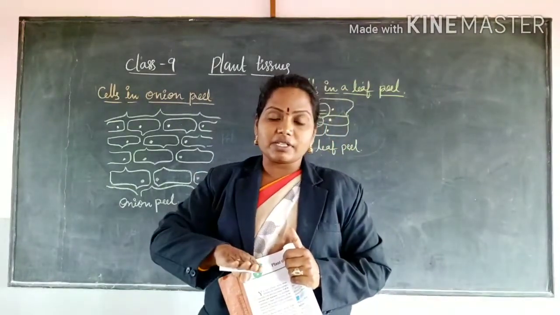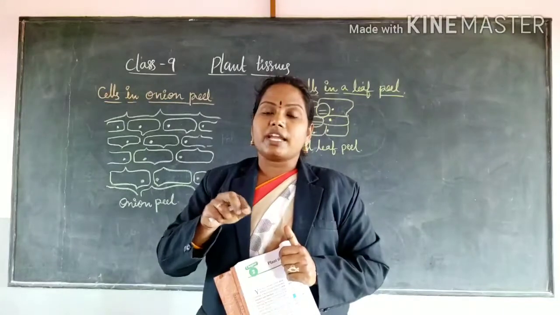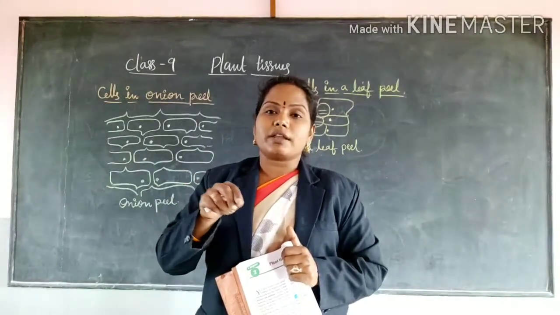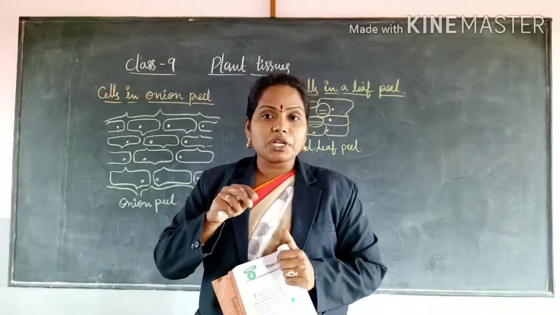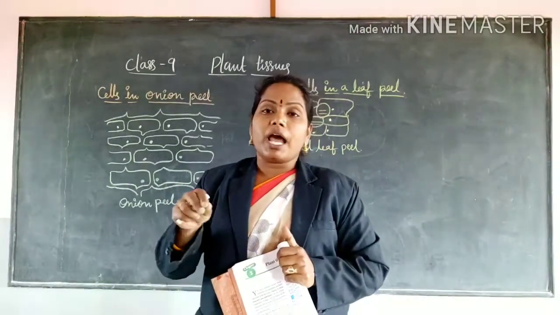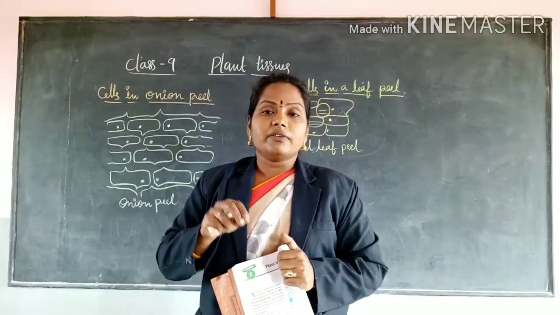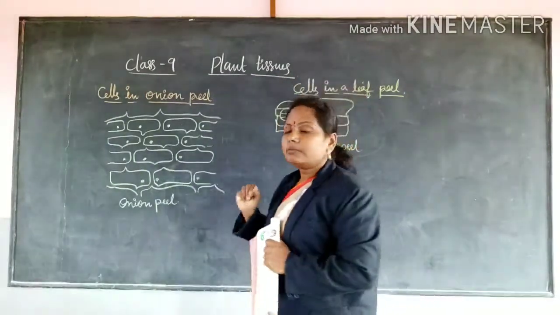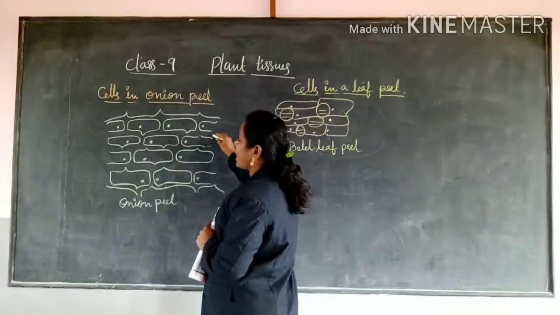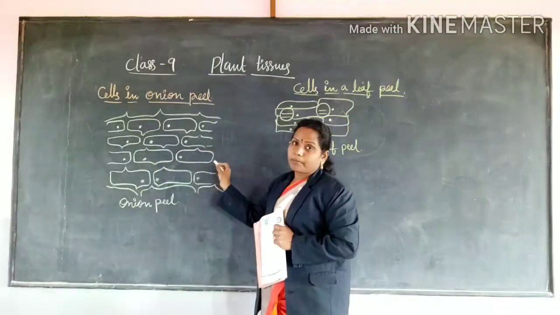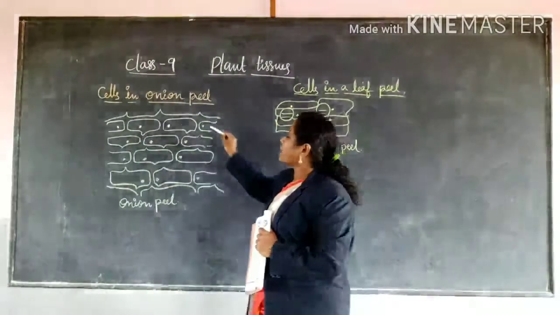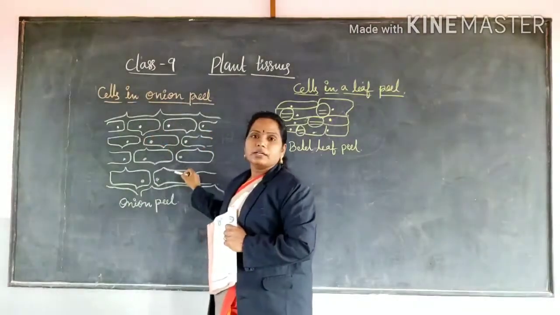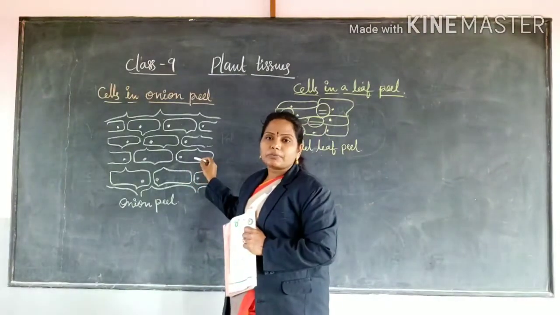Before covering with the cover slip, make it straight with the help of a brush, cover it with the cover slip and remove the excess water with blotting paper. Then observe under the microscope. You can see the arrangement of cells in onion peel like this. You can see the gap in between the cells here, an intercellular space.